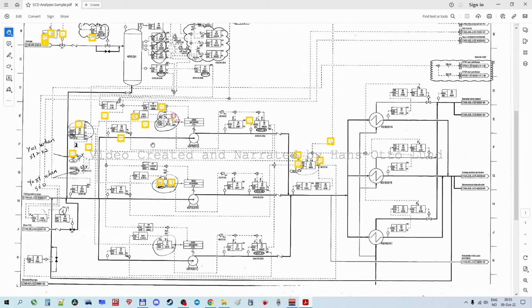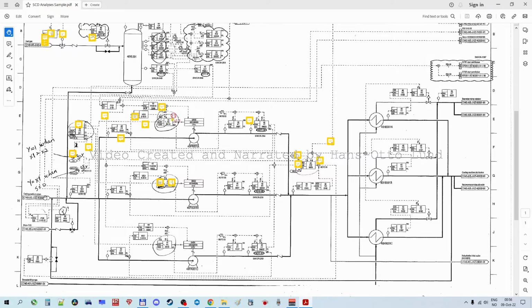So when that cooling medium comes from those systems with a higher temperature, it is entering here.